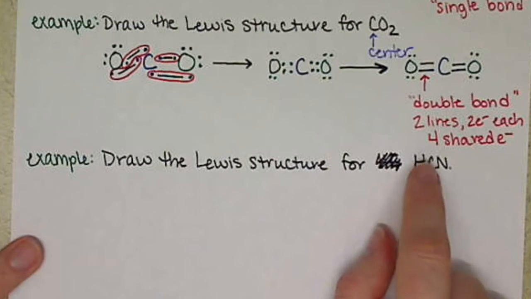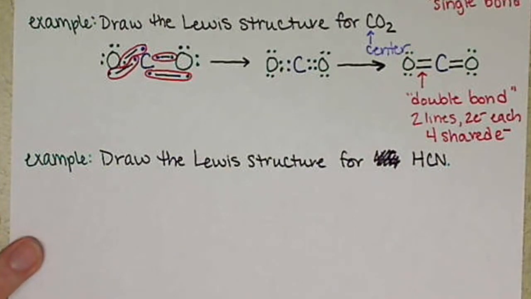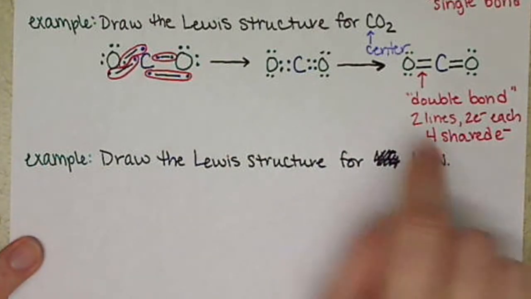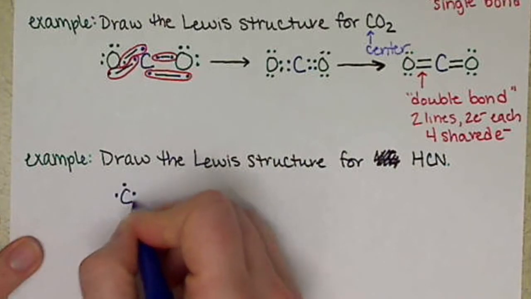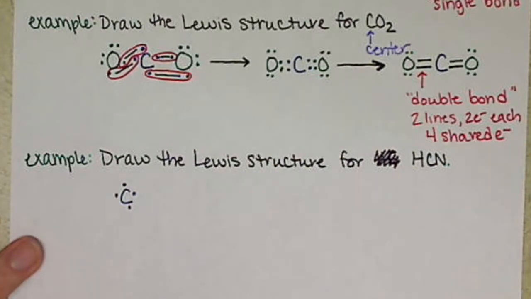So here's an example. Our first element here is hydrogen. Hydrogen's not in the center. He's just a bully. He likes to be at the front of the formula. So we want to stick carbon again in the center. That's the next element that's listed.